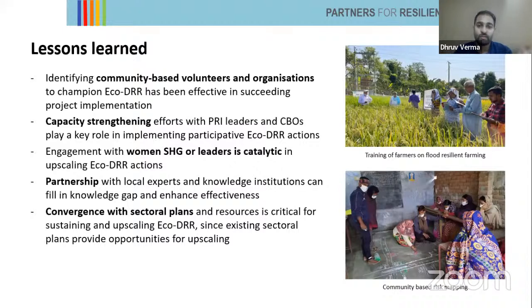Partnerships with local experts and knowledge institutions really helped us in filling the knowledge gap and enhancing our effectiveness. And last but not least is the convergence with sectoral plans, as I said in the previous slides.